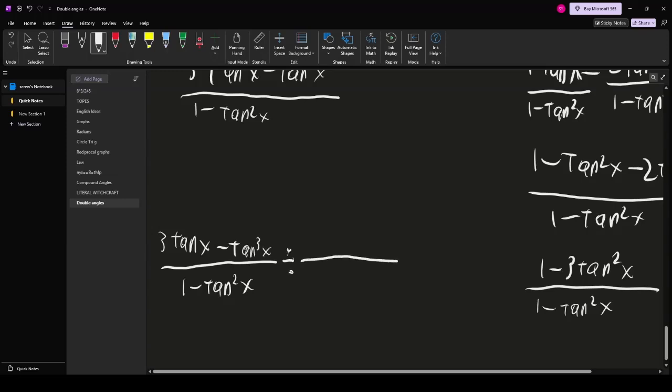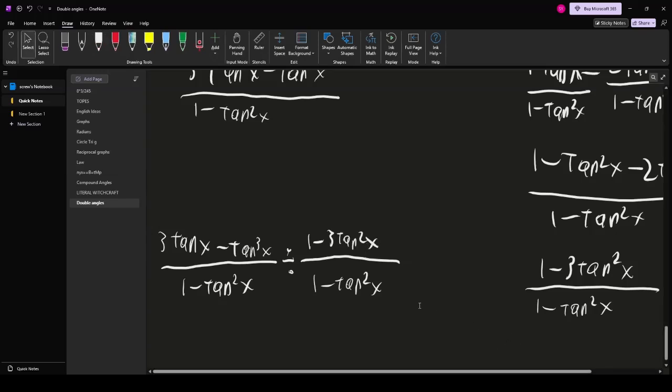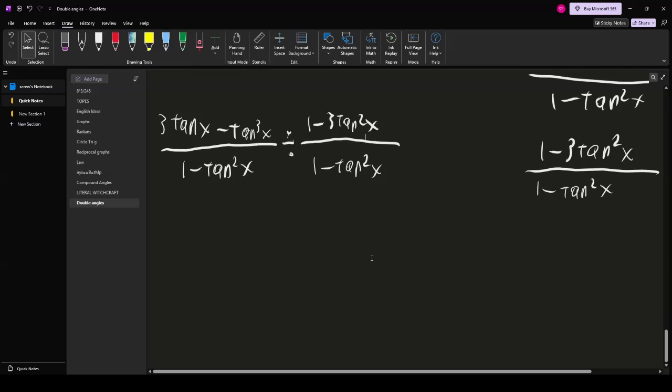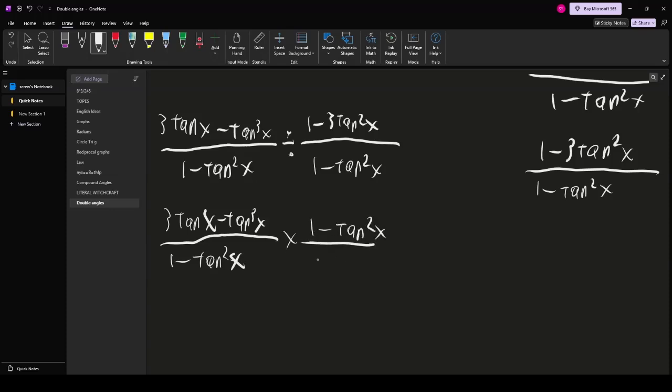Divided by 1 minus 3 tan squared x over 1 minus tan squared x, right? And then obviously you multiply by the reciprocal of a fraction like this. I have to write it out first. Please be patient. Multiplied by 1 minus tan squared x over 1 minus 3 tan squared x.